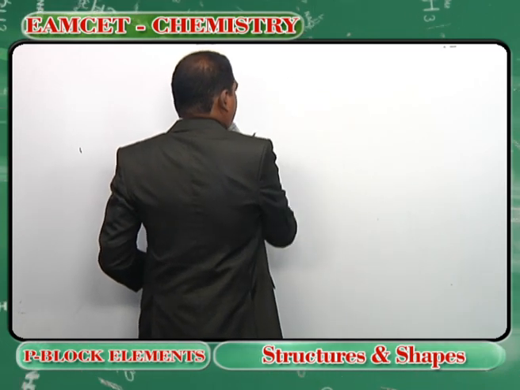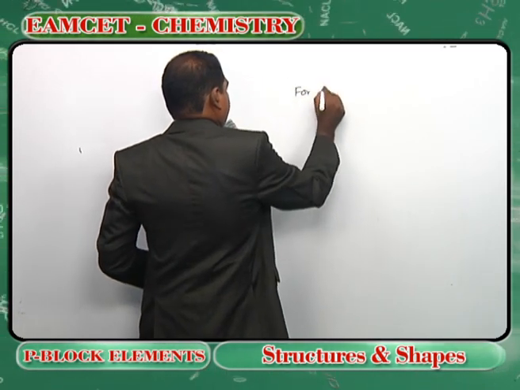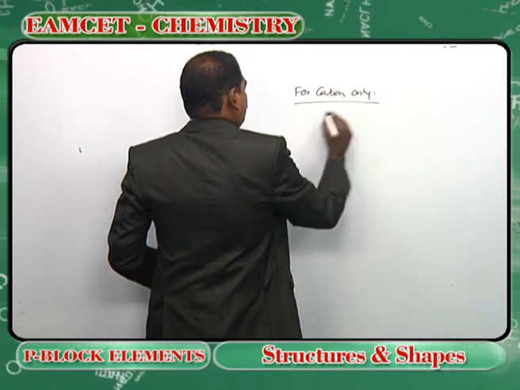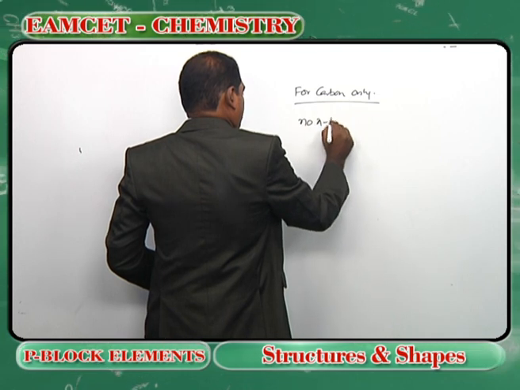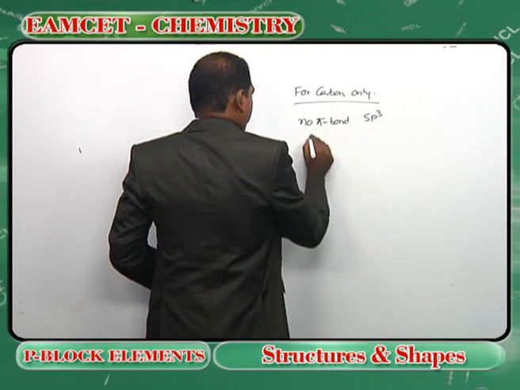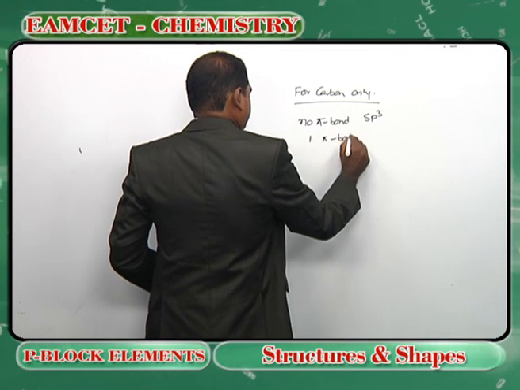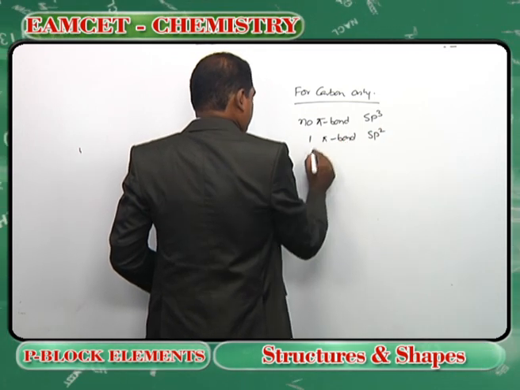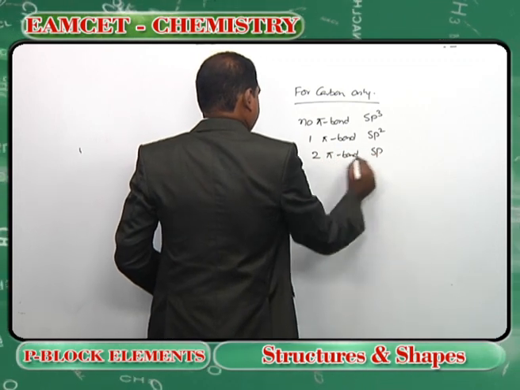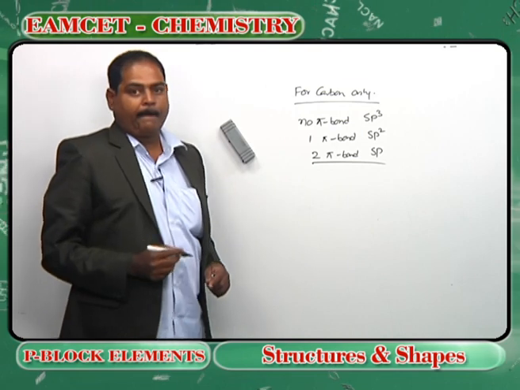Next, for carbon only, no pi bond, sp3; 1 pi bond, sp2; 2 pi bonds, sp. This is for carbon only.